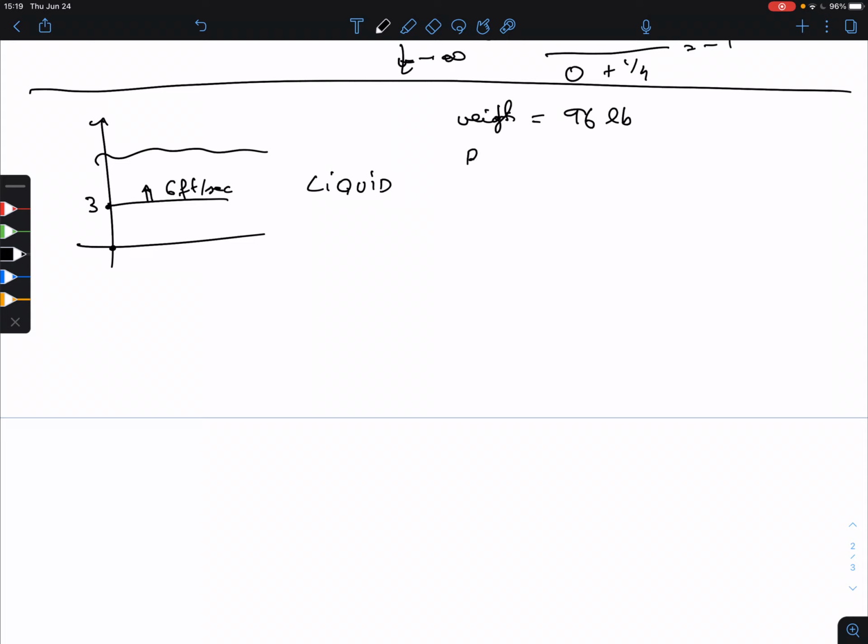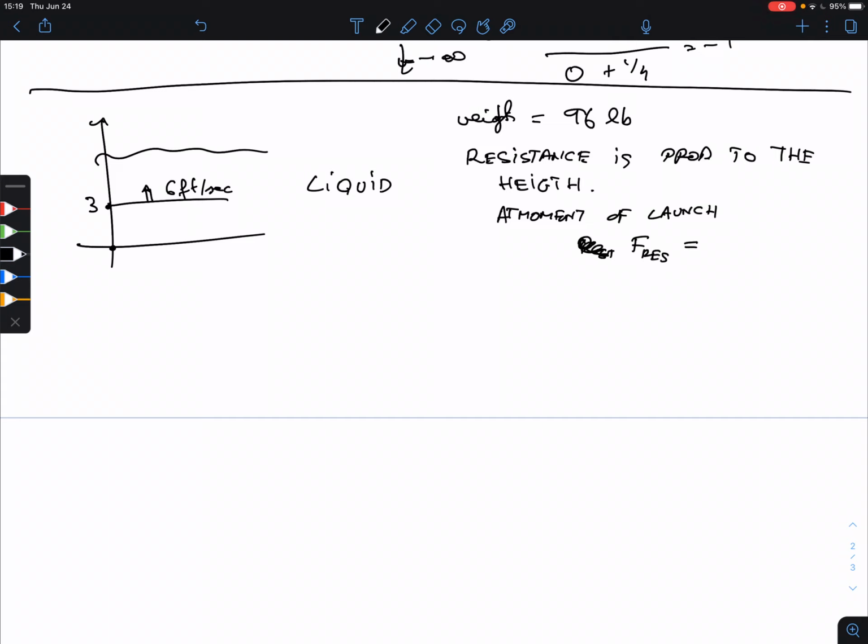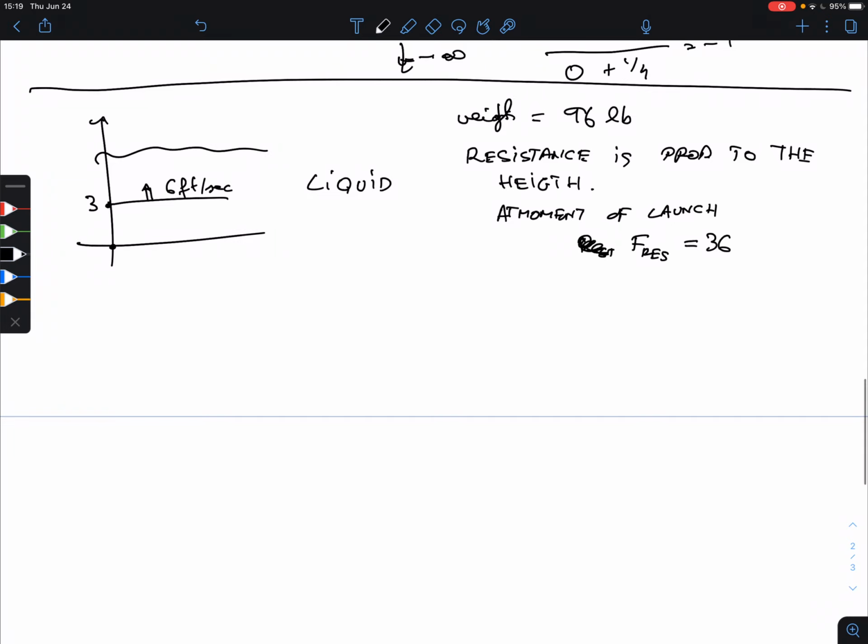And suppose that the resistance is proportional to the height, let's call it the height, and such that at the moment of launch, the resisting force F resistance was equal to 36 pounds.